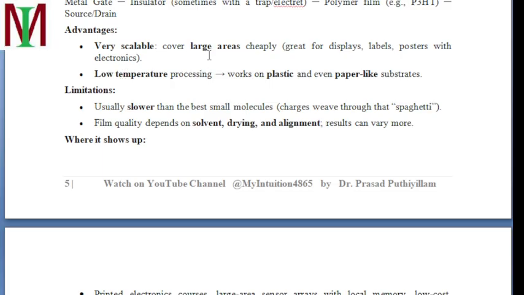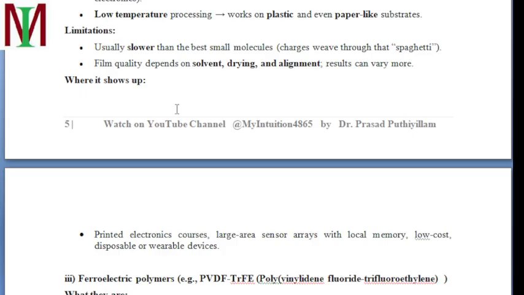Now you can see everywhere electronic posters, not plastic printed posters. There we are using this type of molecules. Low temperature processing: it works on plastic and even paper-like substrates at a very low temperature.